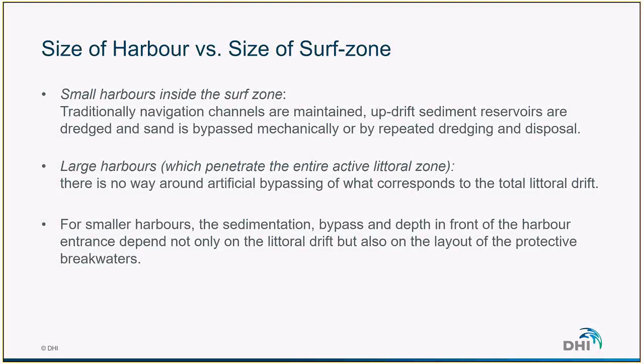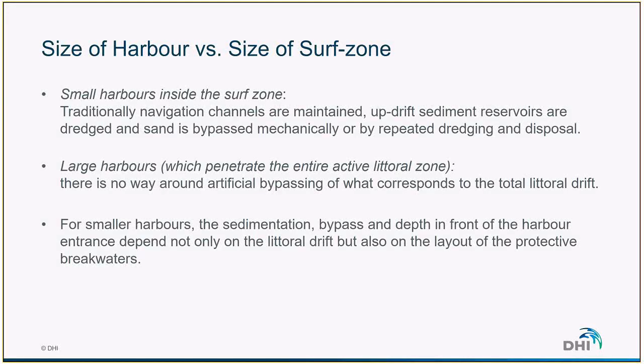Then when we have very large harbors that penetrate the entire surf zone and active littoral zone, there is no way that the sand bypasses the structures naturally. So it completely blocks the sediment transport along the coast.